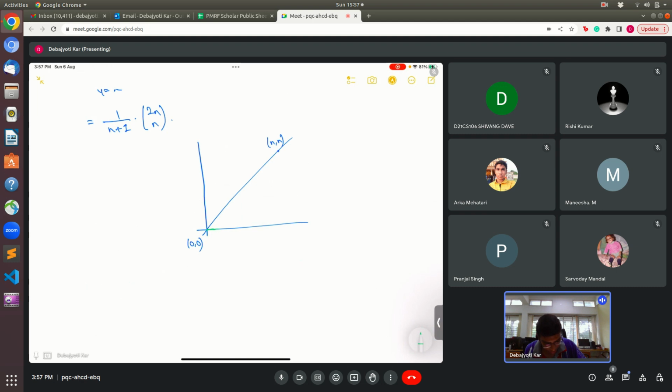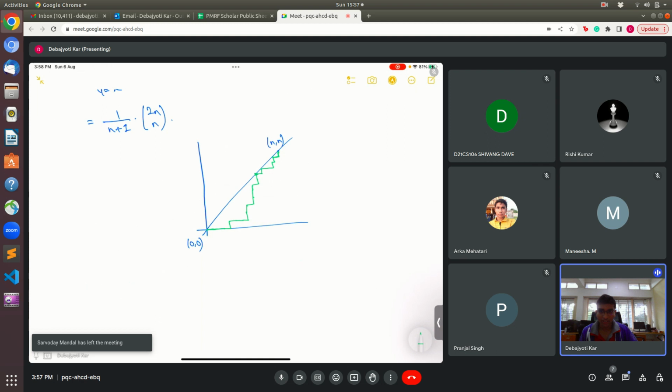Then maybe you again go right, then up, right, up. You are allowed to hit the line y equal to x, but are not allowed to cross it. So it is possible you hit it multiple times, maybe here. Yes, this is a valid path.